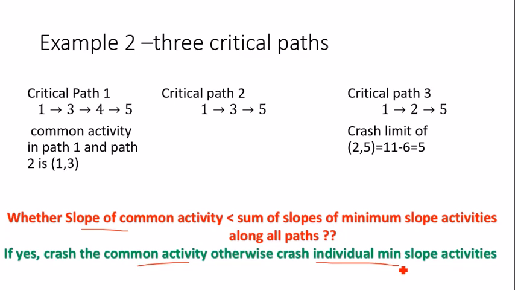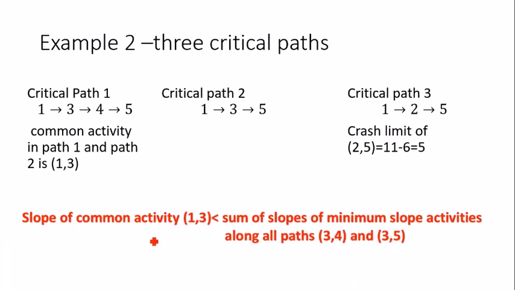So let's check their slopes. Here the common activity which I have identified among the two paths is 1 to 3. And the individual minimum slope activities, if you identify from the table: along this path the minimum slope activity is 3 to 4, and along this path it is 3 to 5. You can see the values from the table.